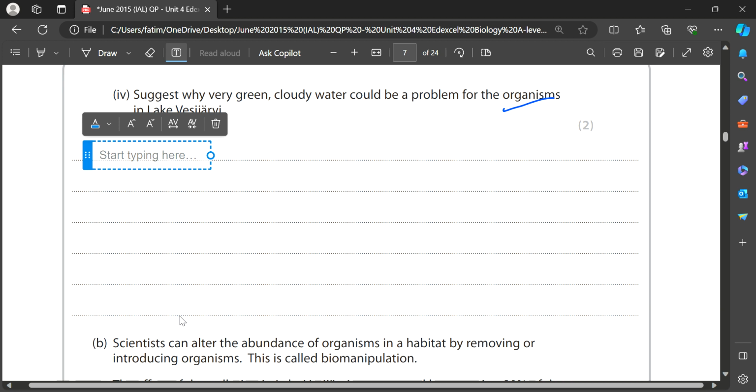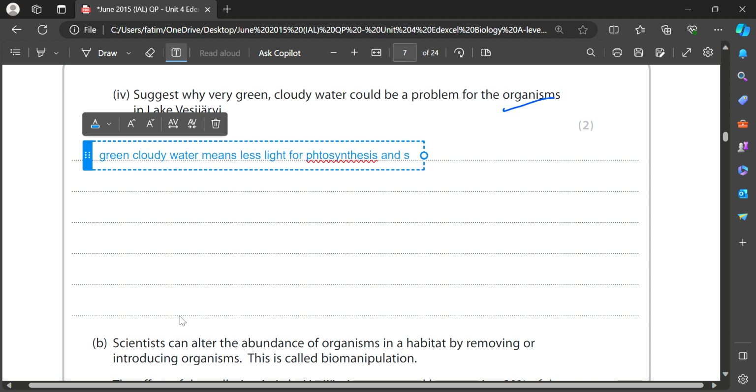So let's say, green cloudy water means less light for photosynthesis, and so will hinder growth of plants. How did I write photosynthesis wrong?